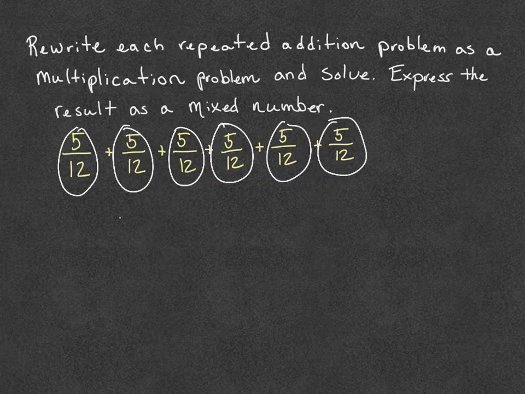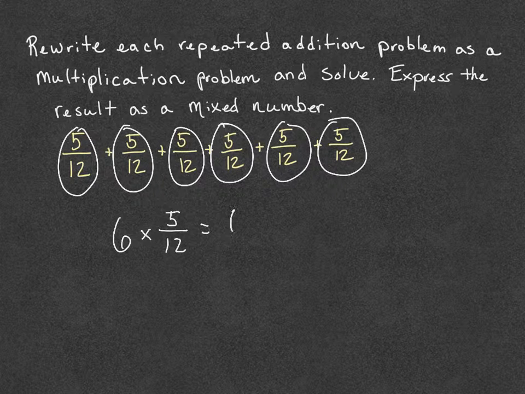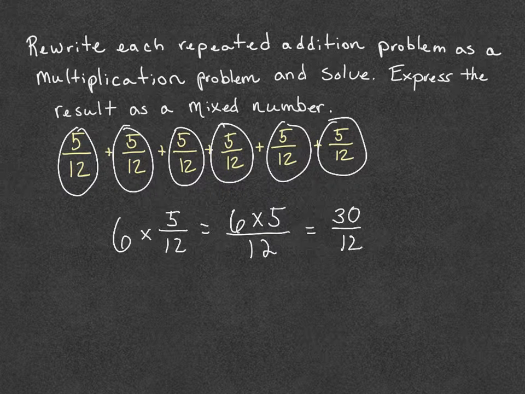So this is going to be 6 times 5/12, which is saying 6 times 5 over 12, which is equal to 30 twelfths. But we can't leave 30 twelfths as an answer because that's a fraction greater than 1, or what we call an improper fraction.